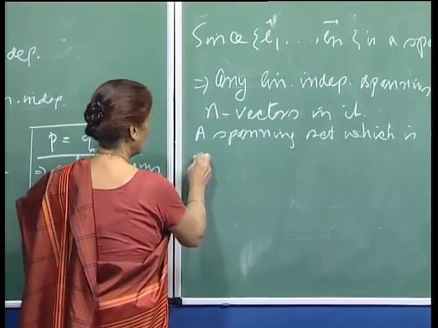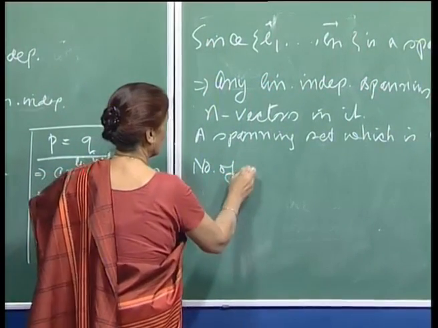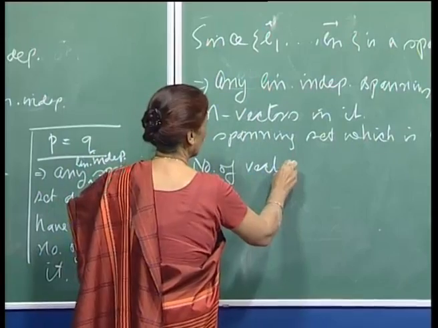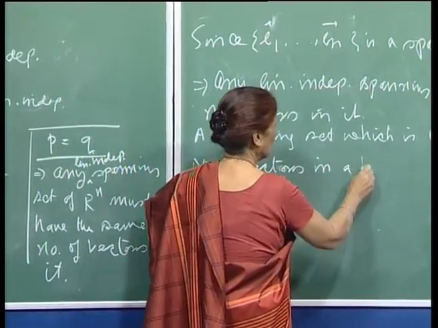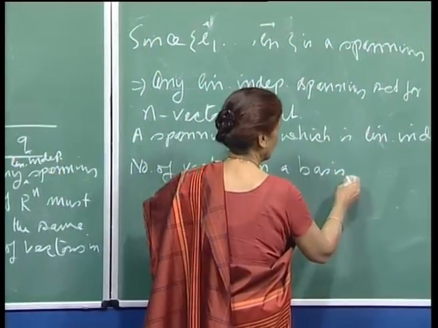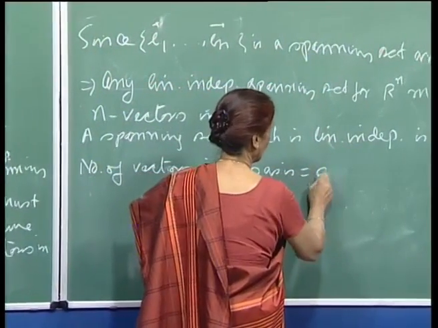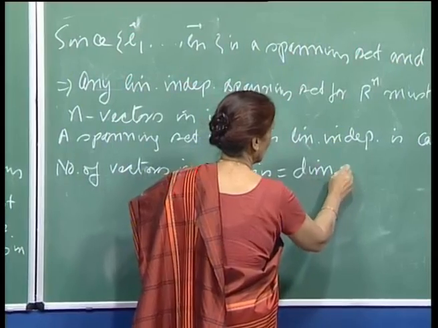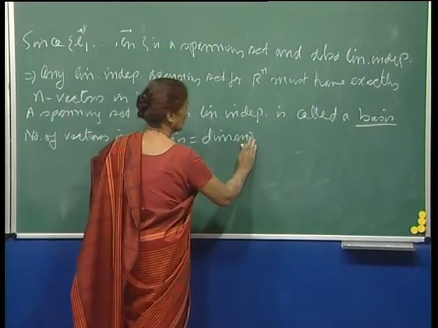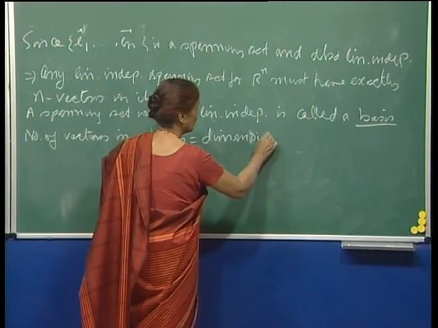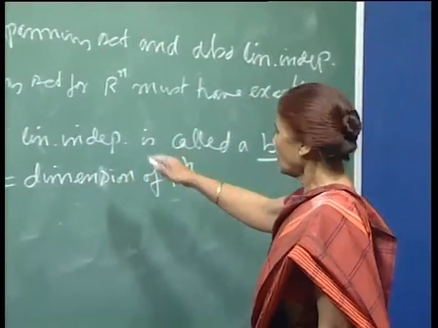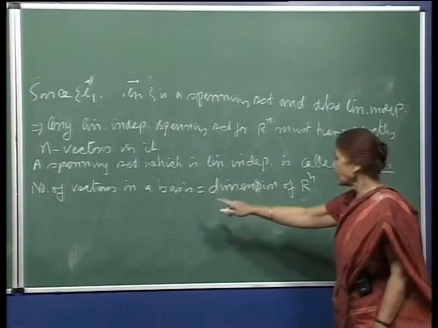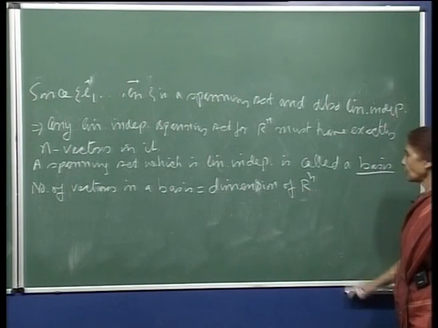And the number of vectors in a basis is the dimension. So number of vectors in a basis will be the dimension of Rn.